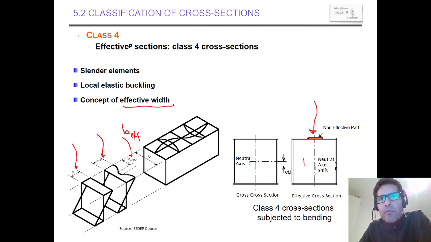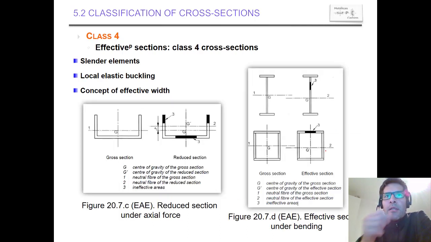So we have some kind of difference here. Okay, so the idea would be to calculate a reduced section, an effective width of the original cross section, and with the new one we can calculate the resistance in the same way, assuming that this new element is class 3, and we can calculate it exactly as it was previously with an elastic modulus, and we can calculate the sigma and Fy exactly in the same way we calculate previous cases.